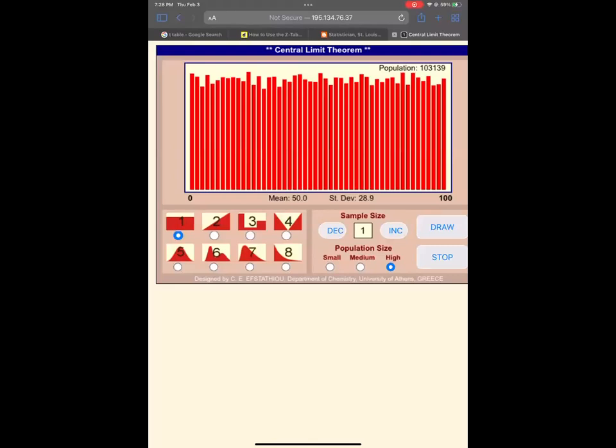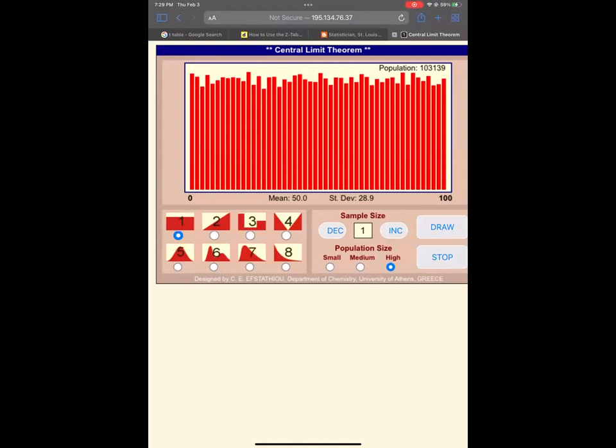With the normal, the majority are close to the mean, and very few are far from the mean, so it gives me a pretty small standard deviation. This one, there are just as many close as there are far, so I have a higher percentage that are far from the mean. It's going to give me a higher deviation.